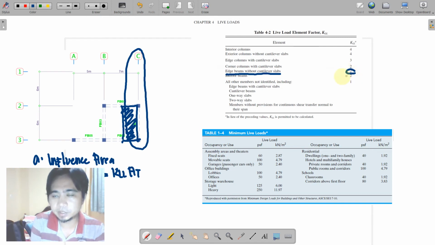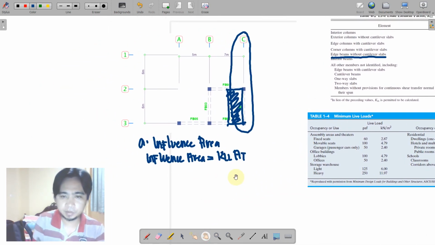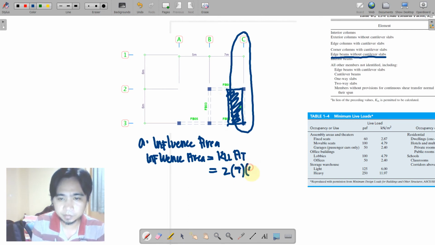So I think we're going to adopt edge beams without cantilever slab. It has a KLL value, or live load element factor, of 2. So KLL here is equal to 2. For the tributary area, we can see here that it is 7 by 6, divided by 2.